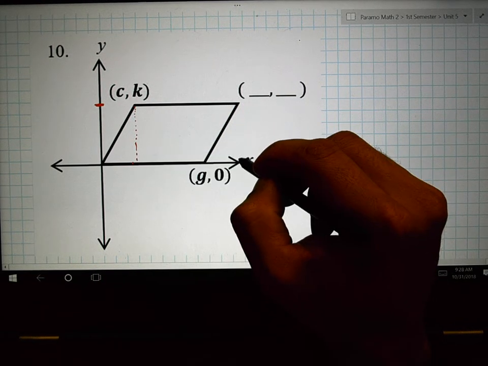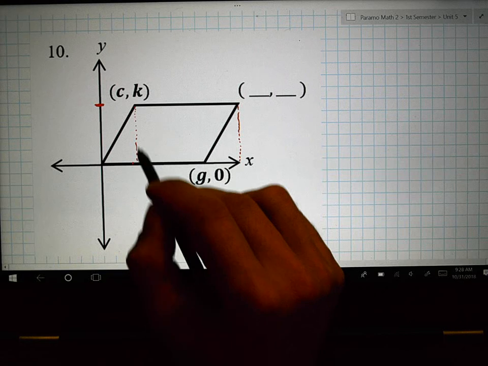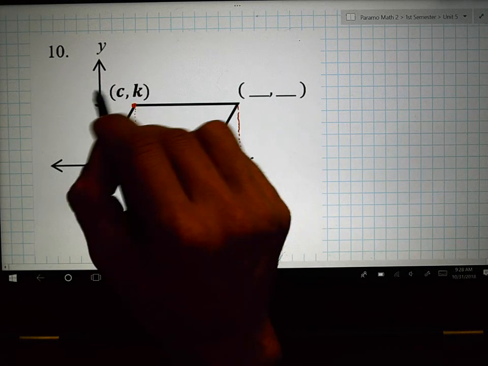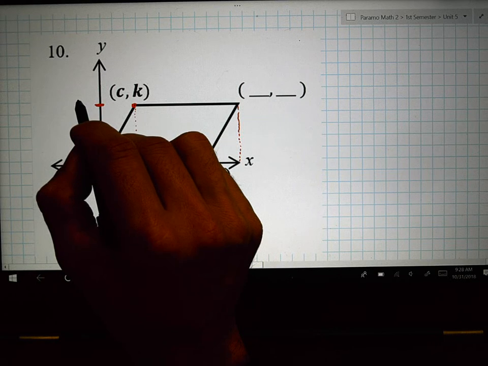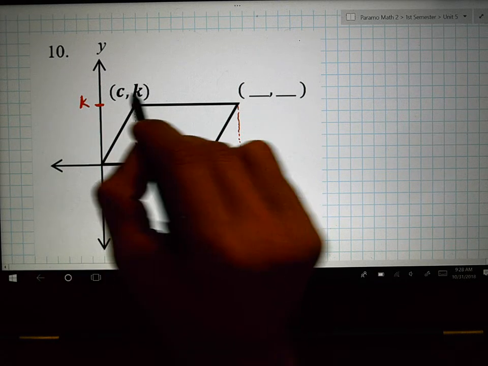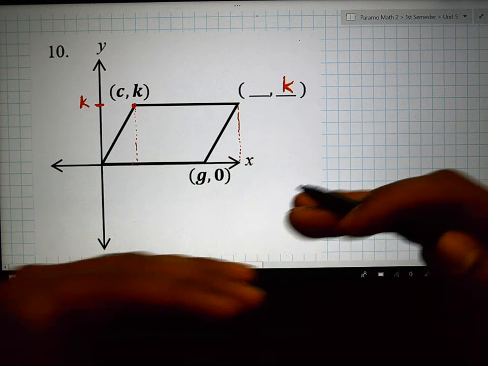And it's going to be the same as it is from here to here. We went up how far did we go? And we know this point. How far up did we go? Vertical distance, we use the second letter, K. That must mean that this second letter has to be K units up.